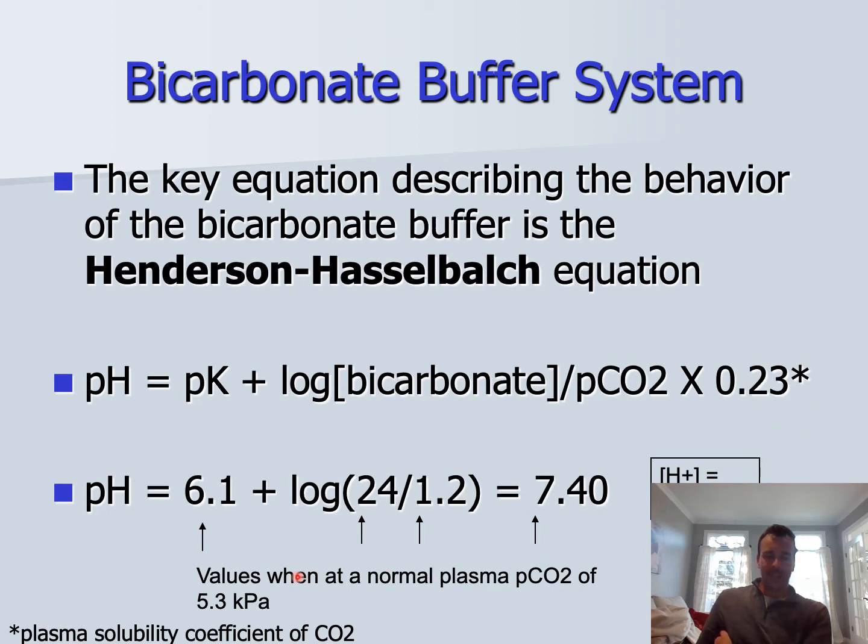So the pH in the plasma is driven mainly by bicarbonate, and you can derive it using this simple equation here, where the concentration of bicarbonate is around 24 and the concentration of carbon dioxide is around 1.2.